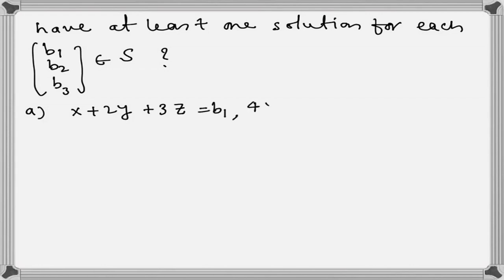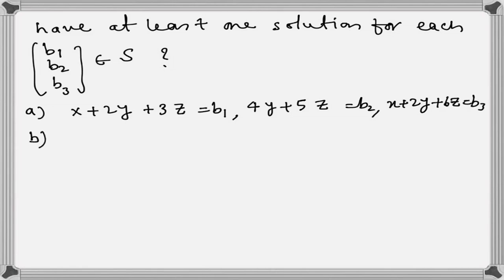Second equation is 4y plus 5z equals b2. Third is x plus 2y plus 6z equals b3.